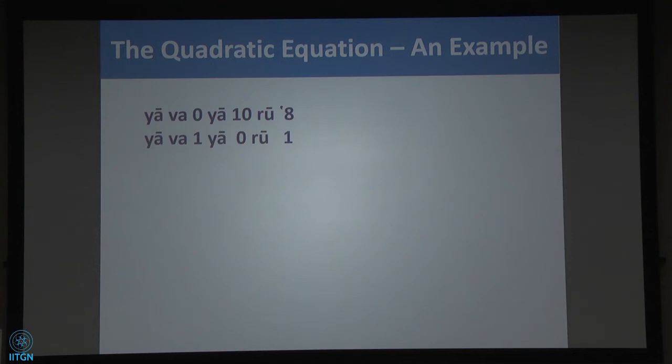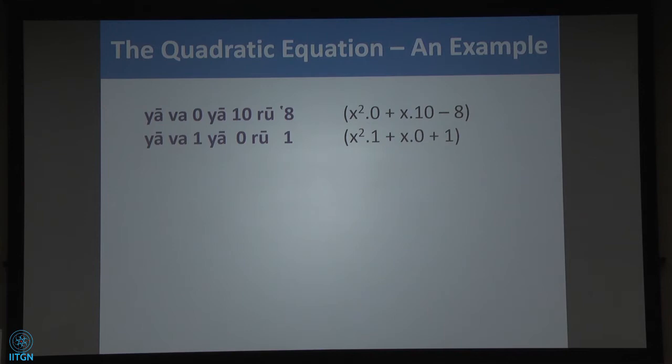And then you have rupa 8, and that refers to a constant, because rupa means constant, of 8. And the 8 with the dot above it, they use that system to show that it's a subtraction. Okay, I put it on the side, I couldn't get it quite on top, but it's usually a dot that goes over the number. So this equation becomes basically x squared times 0 plus x times 10 minus 8.